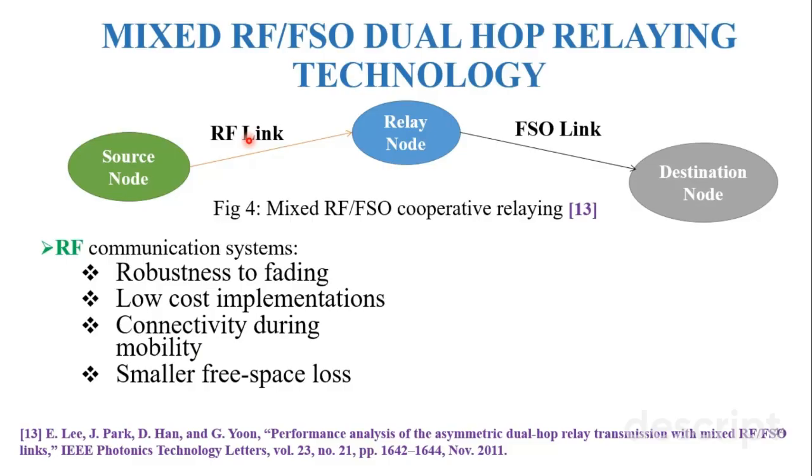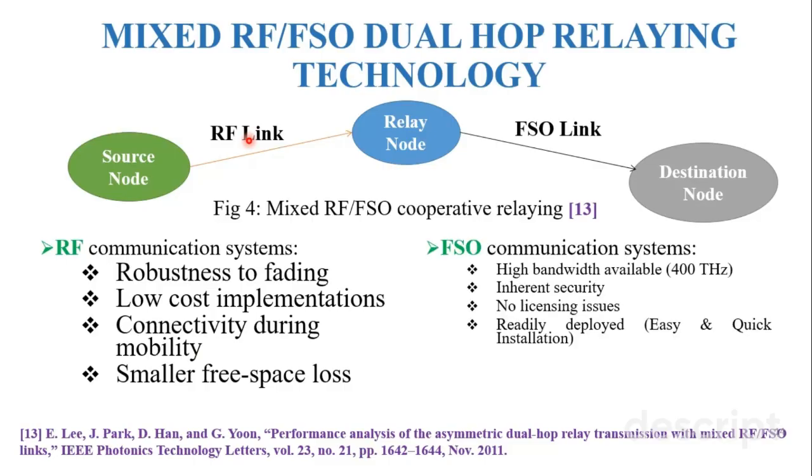RF is existing infrastructure, so you can use that. But you want more bandwidth also. So if you want more bandwidth, you can go for FSO communication systems also. Because now in this hop, you can have a very high bandwidth. There is an inherent security because it is a line of sight communication system. Transmitter and receiver always view each other, and therefore the pointing error is minimized. Eavesdropping is not possible.